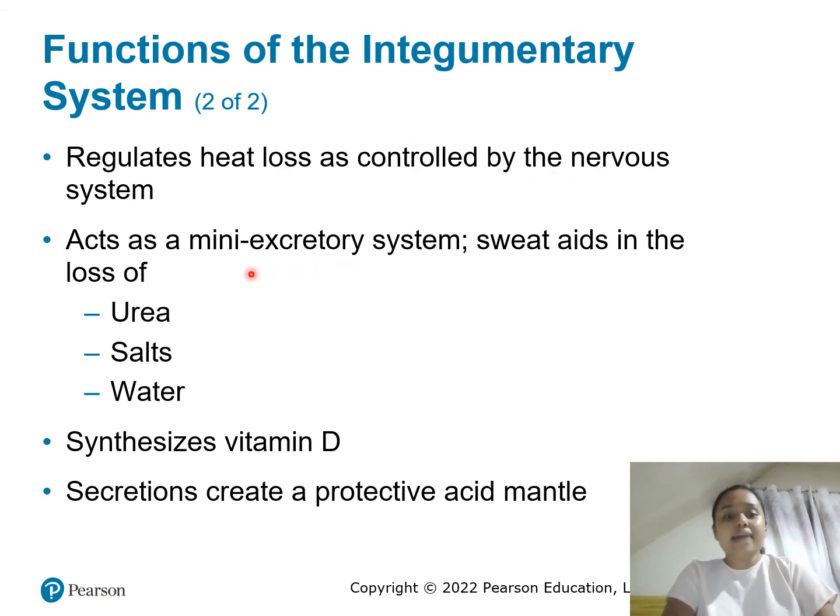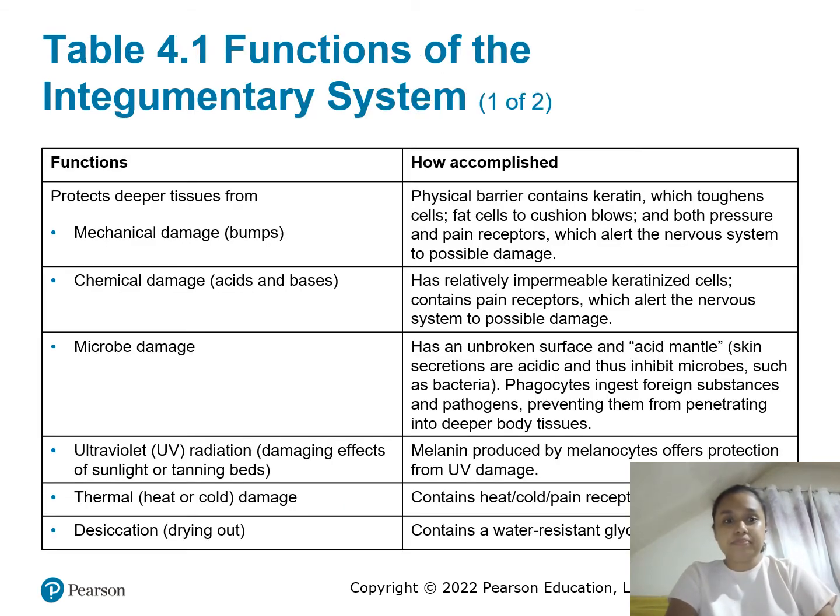Your skin also acts as a mini excretory system with help of your sweat glands, because sweat aids in the loss of urea, salts, water. It also synthesizes vitamin D. We'll further discuss it later, and also the secretions on your skin create a protective acid mantle.